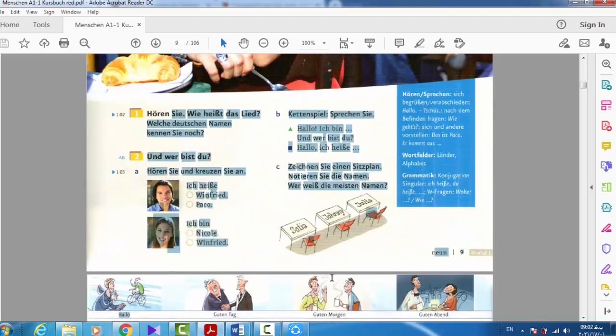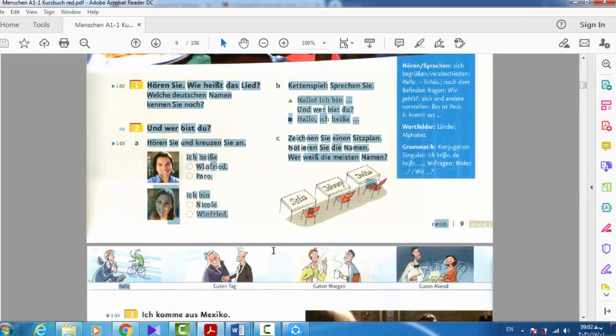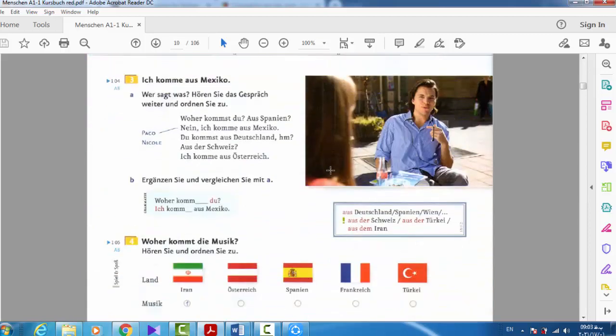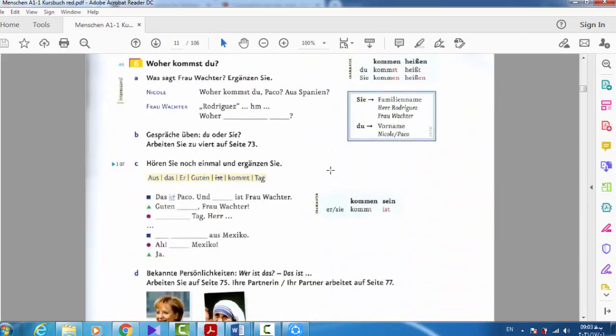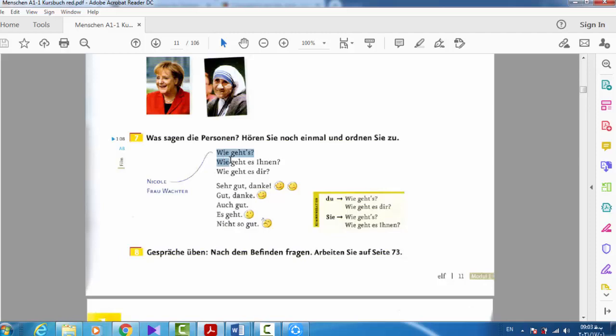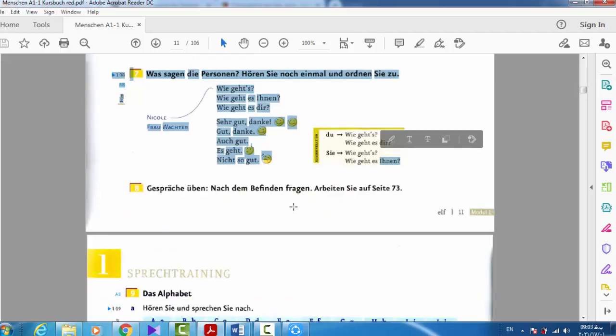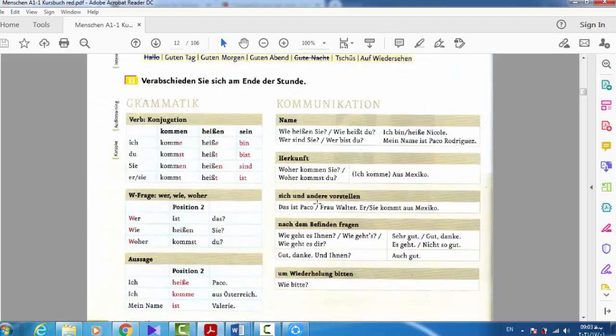here in this book the sentences and words are not in English. They are in the Deutsch or German language. So you have to translate them to English or the language that you understand.